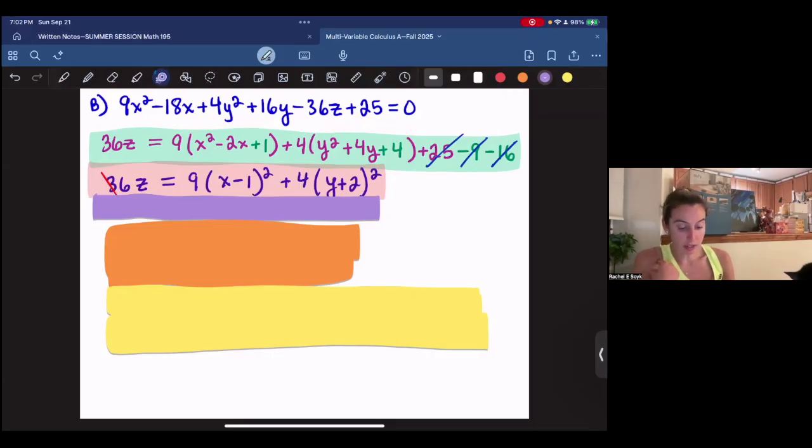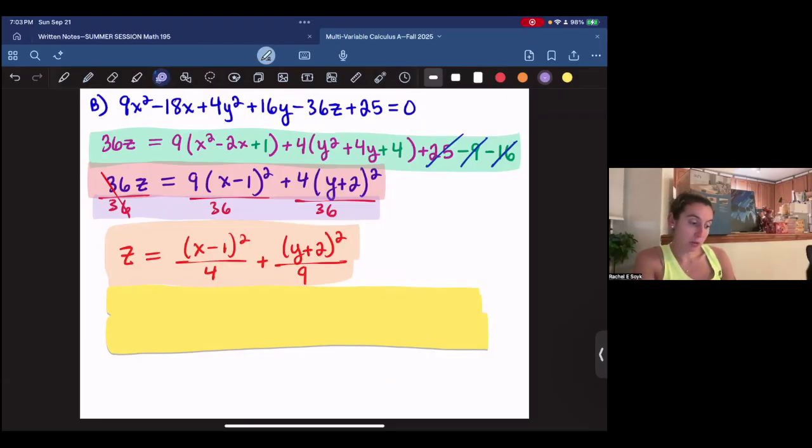Then what we can do is to put it into that elliptic paraboloid form, why don't we divide everything by 36? 9 divided by 36 is 1/4, and 4 divided by 36 is 1/9. So we end up with z is equal to x minus 1 in parentheses squared divided by 4 plus y plus 2 in parentheses squared, all divided by 9.